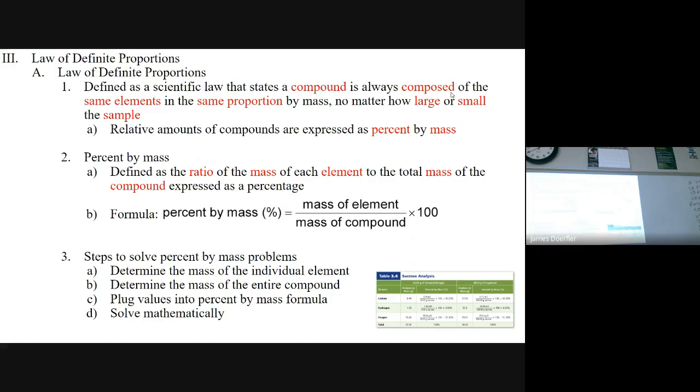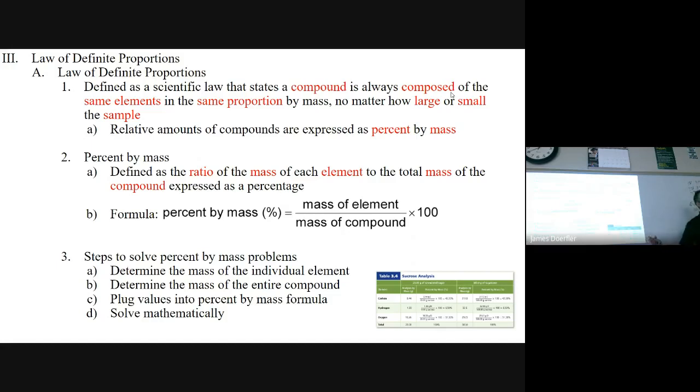And we relate these amounts of elements to one another, or to compounds, by what's called percent by mass. Percent by mass is the ratio of the mass of a single element to the total mass of the compound, and we express it as a percentage.